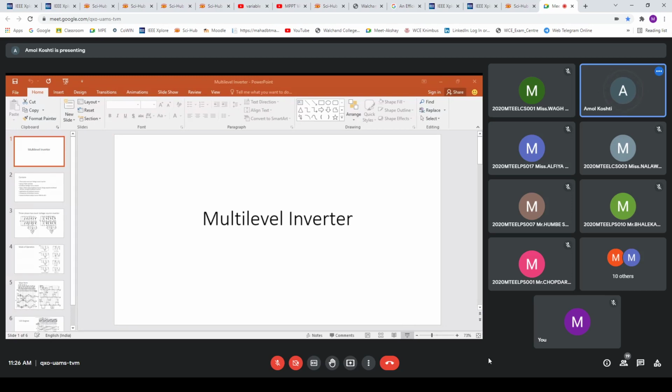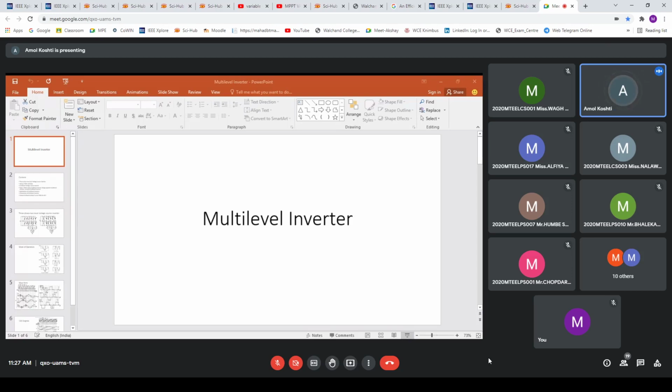Then we'll see the applications of the multi-level inverter, where these multi-level inverters are used, and then we'll compare the multi-level inverters based on their different topologies. Topology means different types.